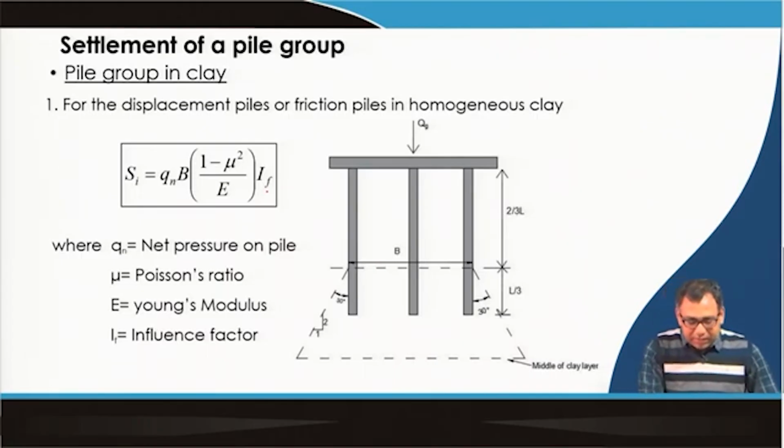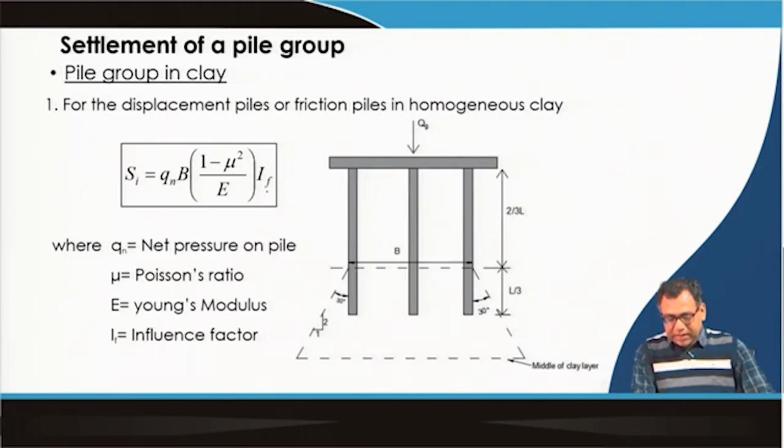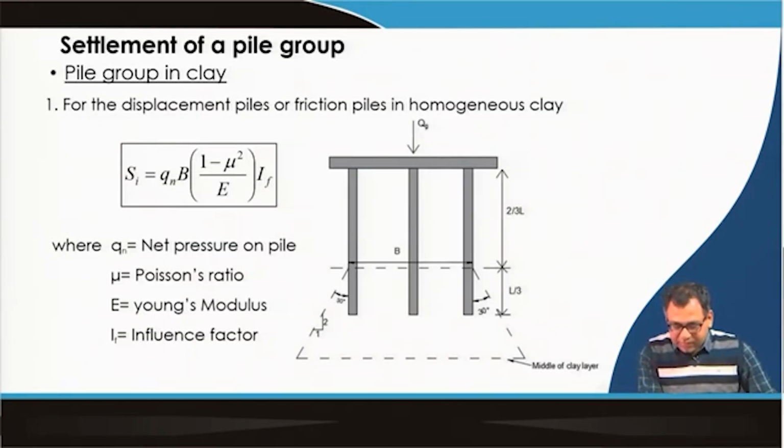Now, when the piles are installed in a homogeneous clay, we consider that all the piles are connected with a raft, and that raft is placed at a depth of 2/3 L, where L is the length of the pile. Then we calculate the settlement of that raft, and I have already discussed how to calculate the settlement of the raft.